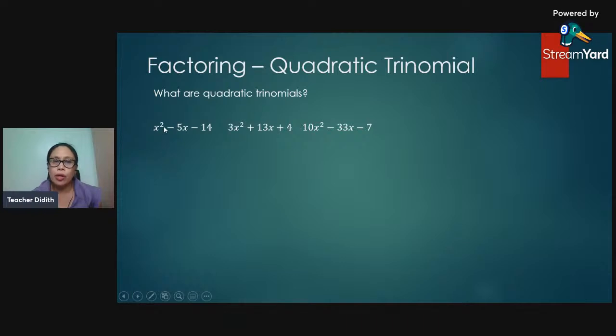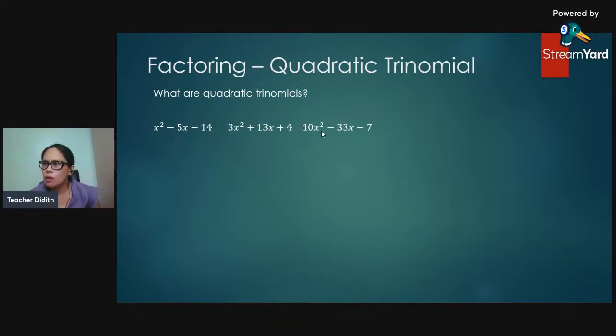So we have x squared minus 5x minus 14, 3x squared plus 13x plus 4, and then we have 10x squared minus 33x minus 7. So these are all quadratic trinomials. Anyone from the audience can tell me what do you think is a quadratic trinomial?